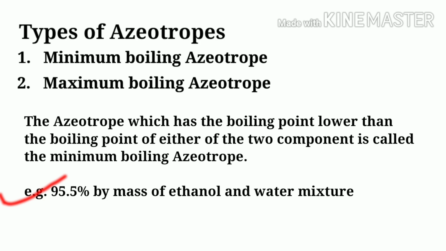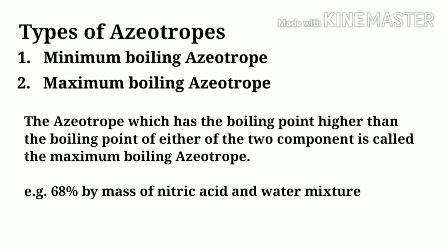On the other hand, the azeotrope which has a boiling point higher than the boiling point of either of the two components is called the maximum boiling azeotrope. For example, 68% by mass of nitric acid and water mixture is an example of a maximum boiling azeotrope.